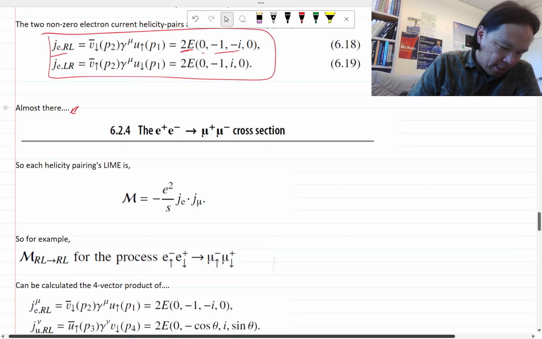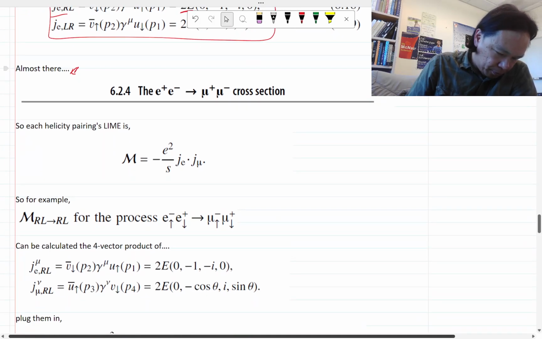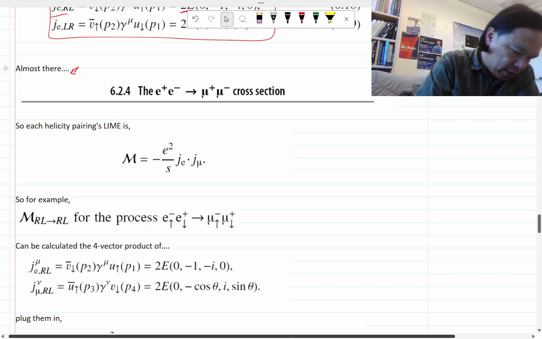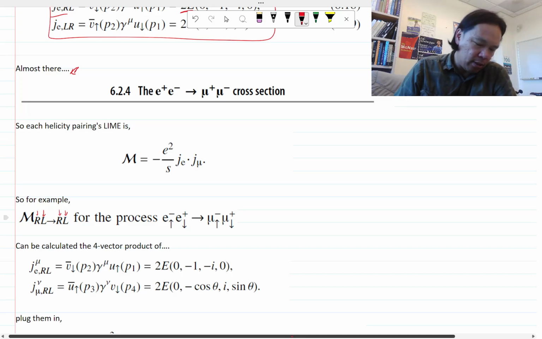So let's do a one pairing example. Let's say the electron is right-handed, the positron is left-handed, the muon is right-handed, the anti-muon is left-handed.